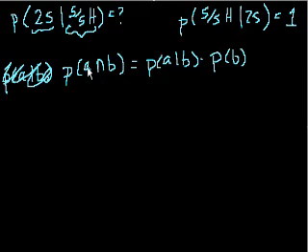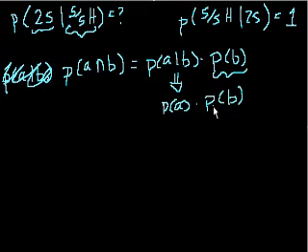If both of these things have to happen, then definitely B has to happen, and then whatever is the probability of A happening given that B happened. If these are independent, this could be equal to the probability of A times the probability of B. But we don't know for sure that they're independent. The probability of A given B could be the probability of A. It might not be dependent on B at all, but we don't know that. But anyway, let's ignore that. So the probability of A and B is that.